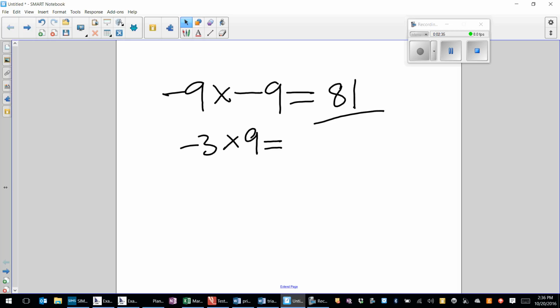And 27 is a multiple of 3 and 9. It's also negative 3 cubed, and negative 9 is 3 cubed as well. And the cube root of it is negative 3.